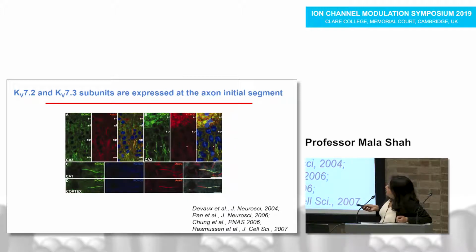So, for example, here you can see that KCNQ2, KCNQ3, and ankyrin G are all co-localized in the axon initial segments of CA1 pyramidal neurons, also cortical neurons, and CA3 pyramidal neurons as well.